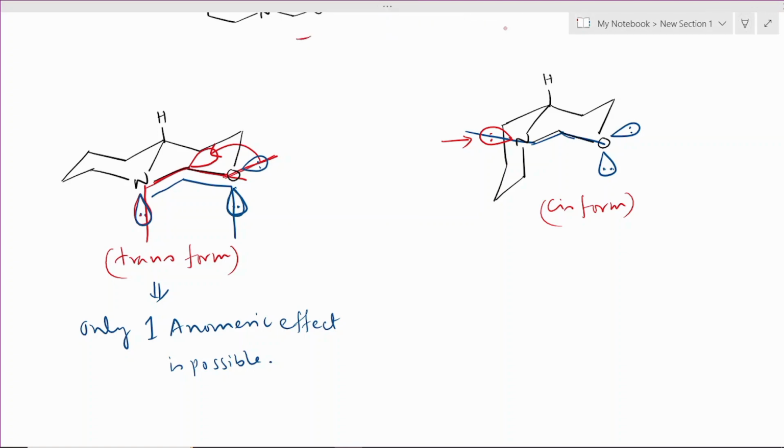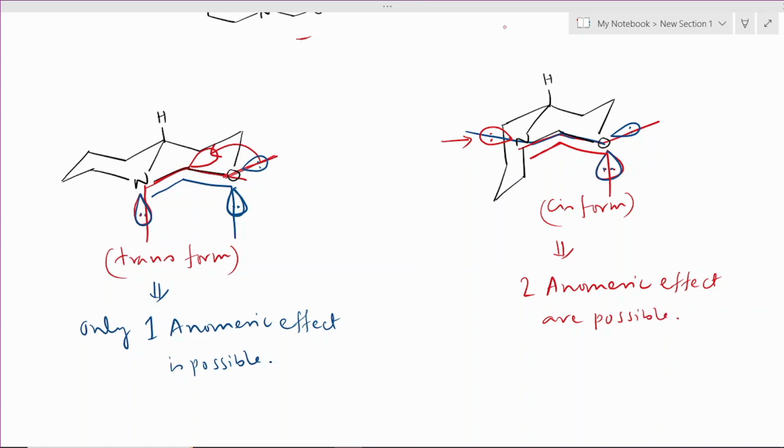Again, this is also an anti-periplanar position. So here also it is an anomeric effect. But this lone pair does not involve in the anomeric effect because it is not anti-periplanar position. So here you can see that in the cis form, two anomeric effects are possible.